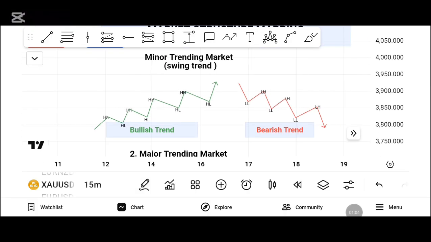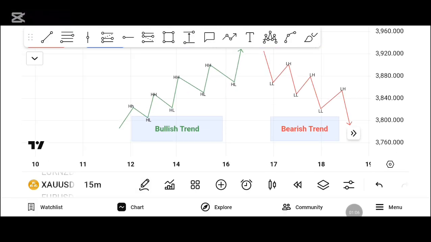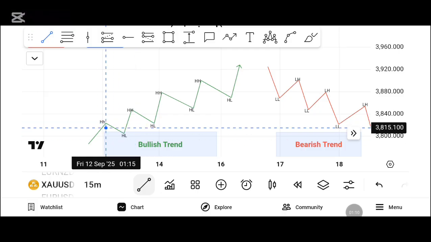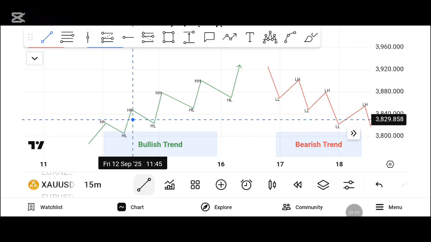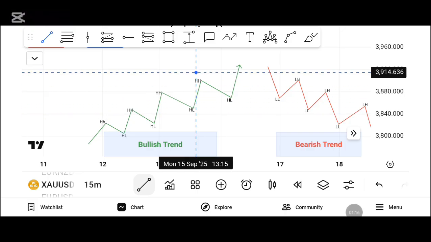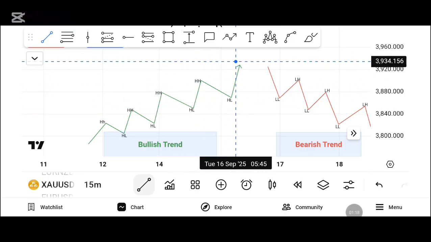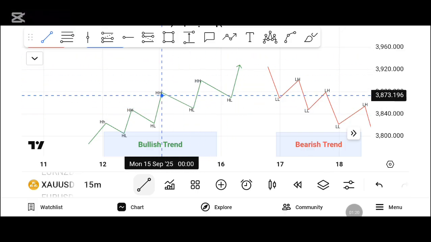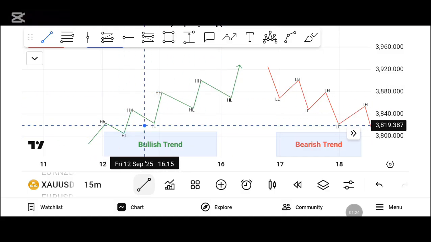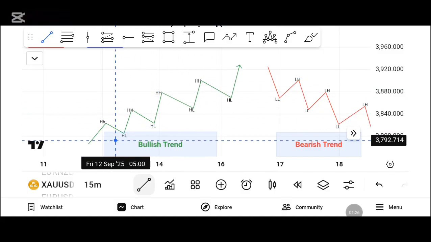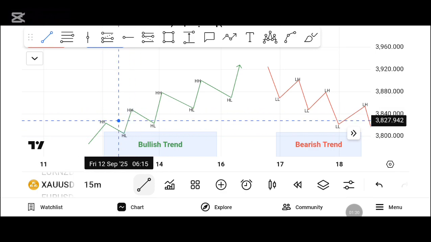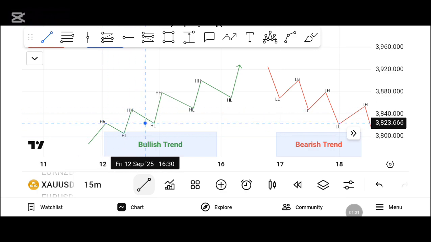In a swing trend, what we are expected to see is higher high, higher low, higher high, higher low, higher high, higher low, higher high. So I told you that whenever a market is giving you a progressive upward move, higher high, higher low, after a break of this high here, it retraced back again.